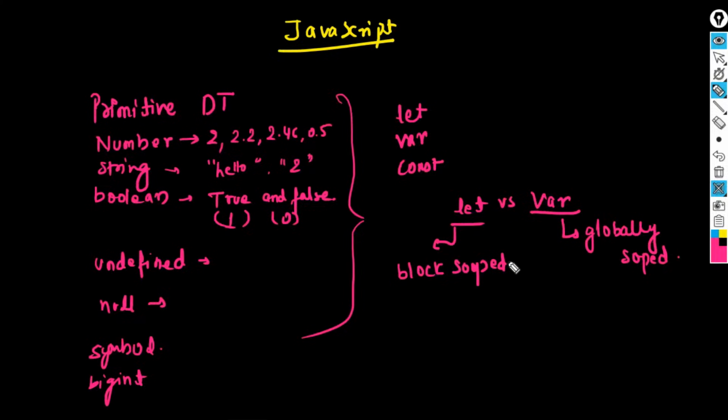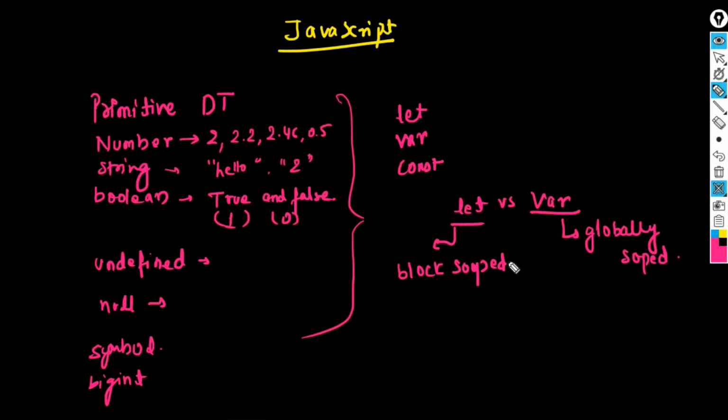Now, don't think about what is block scope or global scope. We'll talk about that when we get to functions and scope, where I will teach you what global scope and block scope are. But this is the difference between both of them.